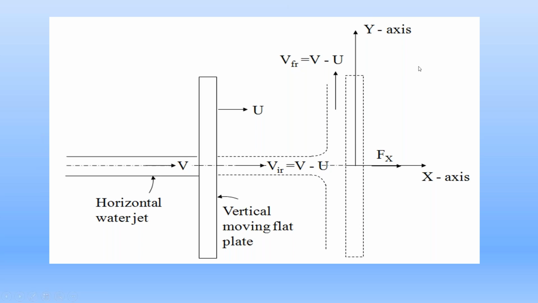In this diagram, look at the water jet. The water jet is a horizontal water jet coming out from the nozzle. V is the absolute velocity of the water jet. And we have the vertical flat plate, moving with velocity U. This U is the absolute velocity of the vertical flat plate.